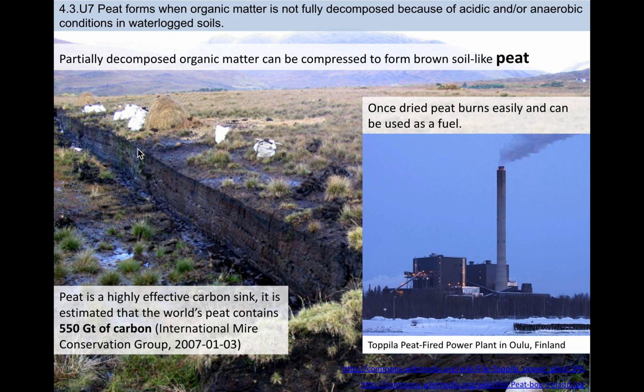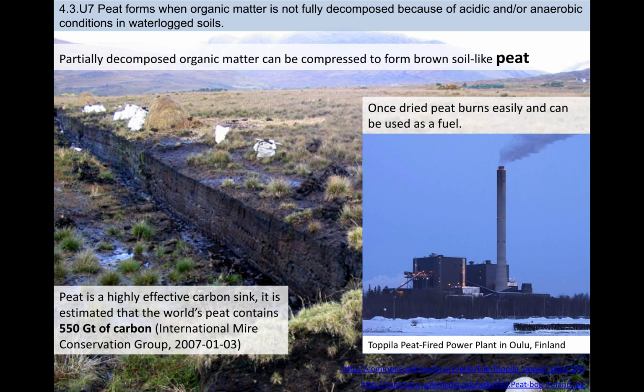So peat, you maybe never heard this word before, but peat is basically a very compressed, not fully decomposed piece of dead plant debris. So peat forms when organic matter is not fully decomposed because of acidic or anaerobic conditions in waterlogged soils.